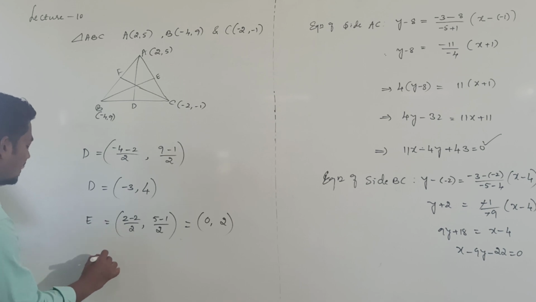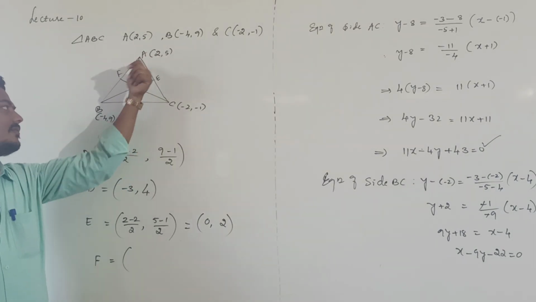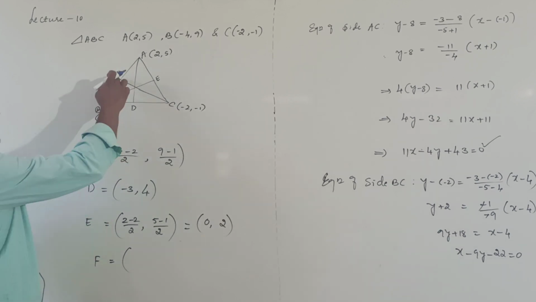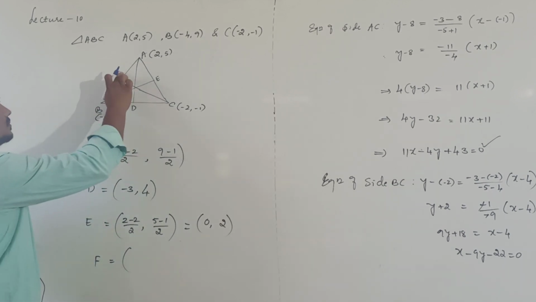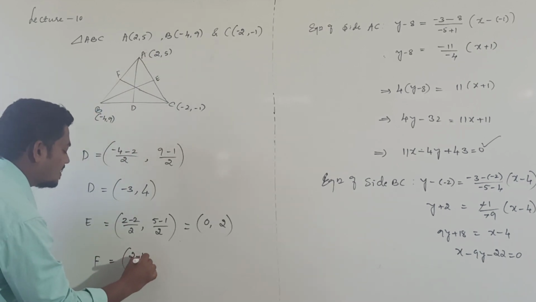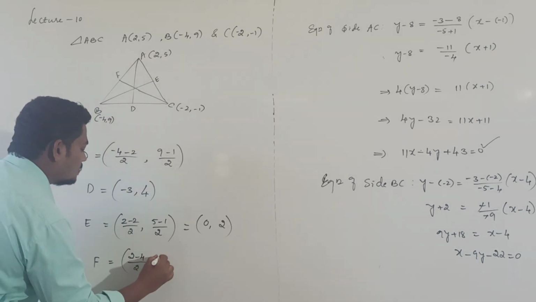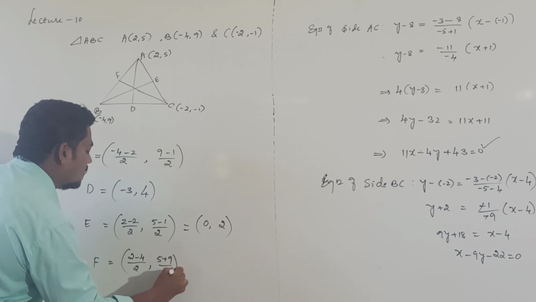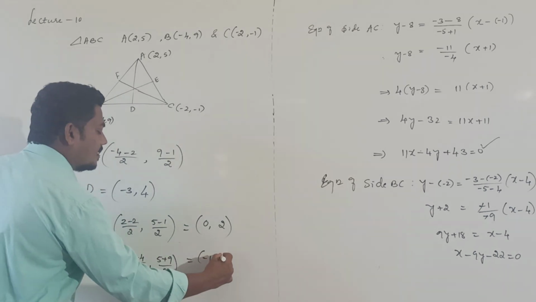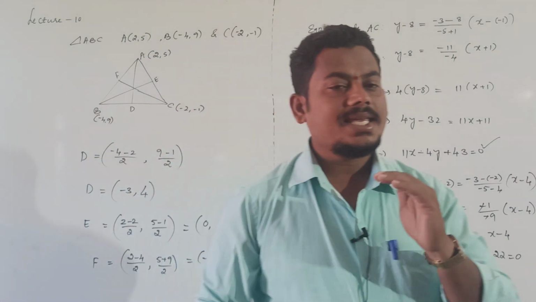After that, tell me what are the coordinates of F. Clearly F is midpoint of AB line, right? So F coordinates are (2 - 4) divided by 2, (5 + 9) divided by 2, that is (-1, 7), right? Now we get coordinates of D, E and F.